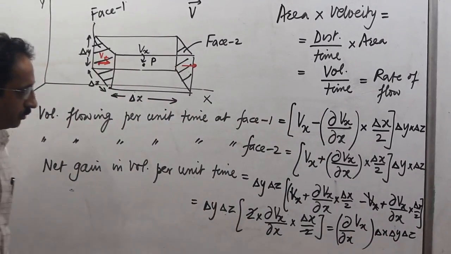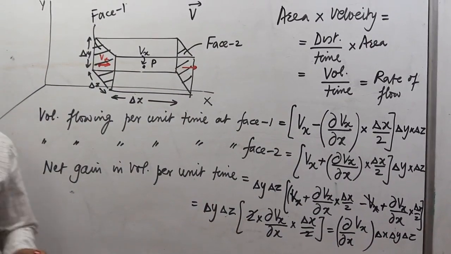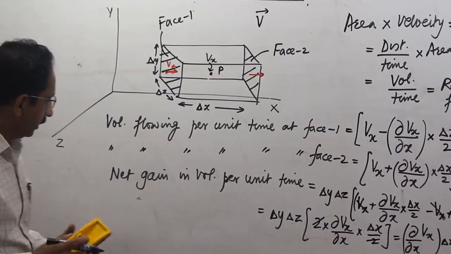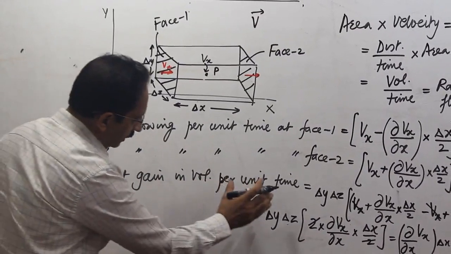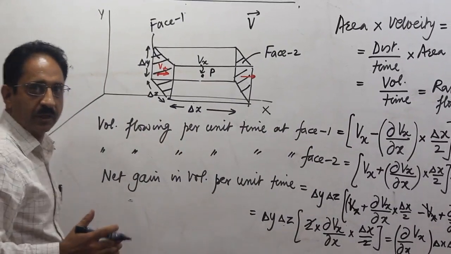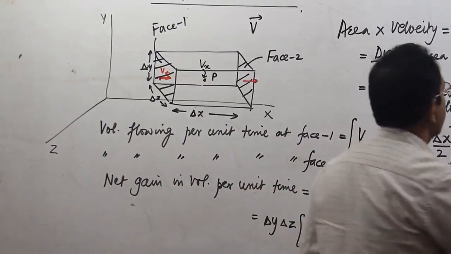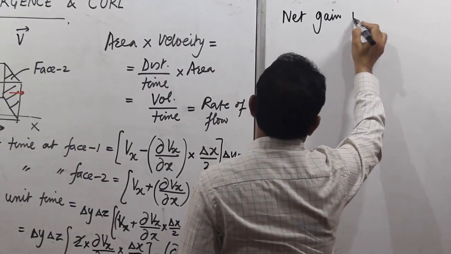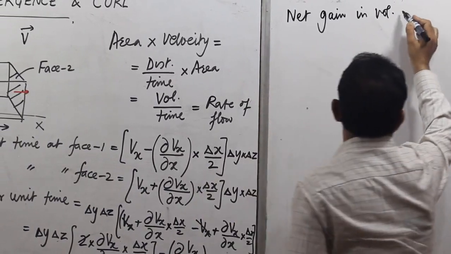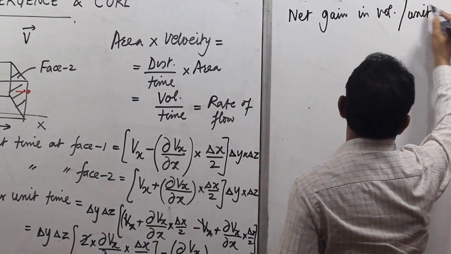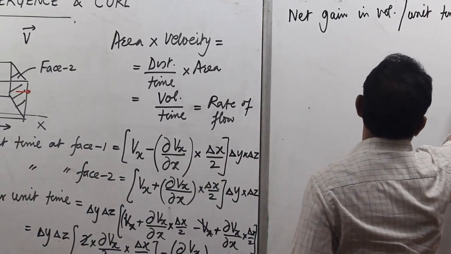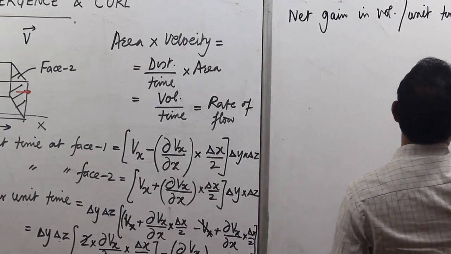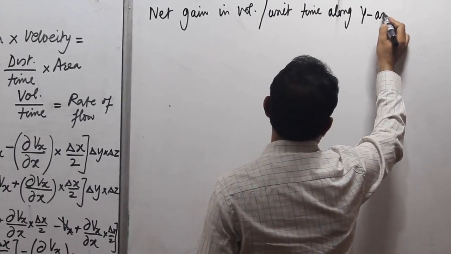Now we have assumed that the whole liquid is moving along the x-axis, and we have found the net gain in volume per unit time along the x-axis. We can similarly find the net gain in volume per unit time along the y-axis.